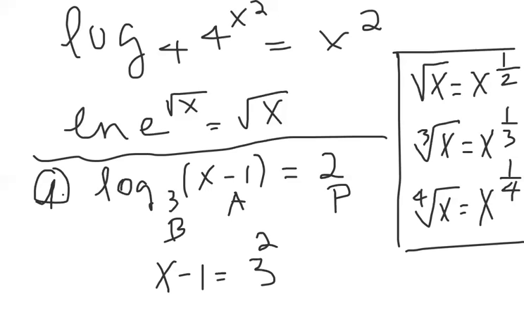So x minus 1 is equal to 9. And then you add 1 to both sides. So you get x is equal to 10. Does it make sense? Of course it makes sense. 10 minus 1 is 9. Log base 3 of 9 is 2. Yeah, it makes sense if you plug it back in to check it.